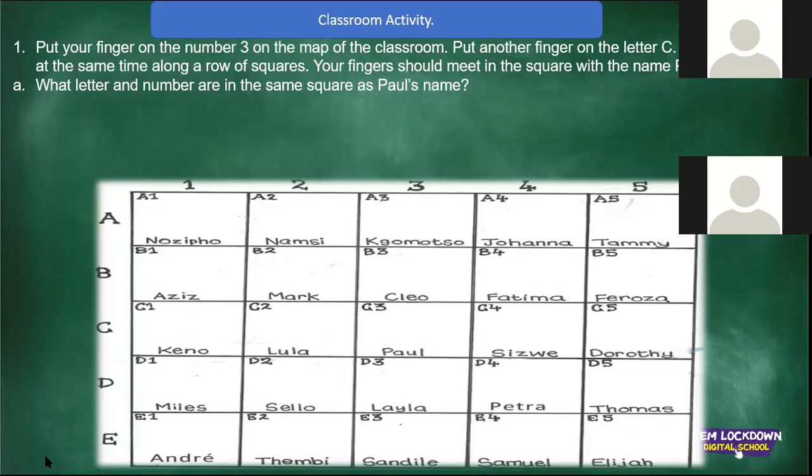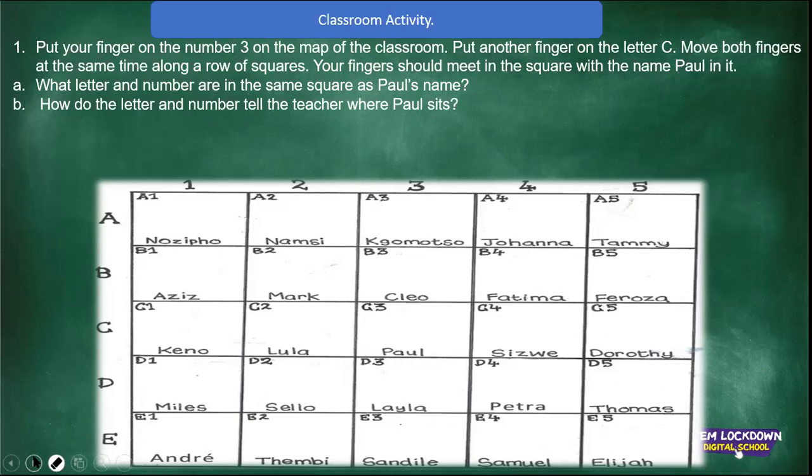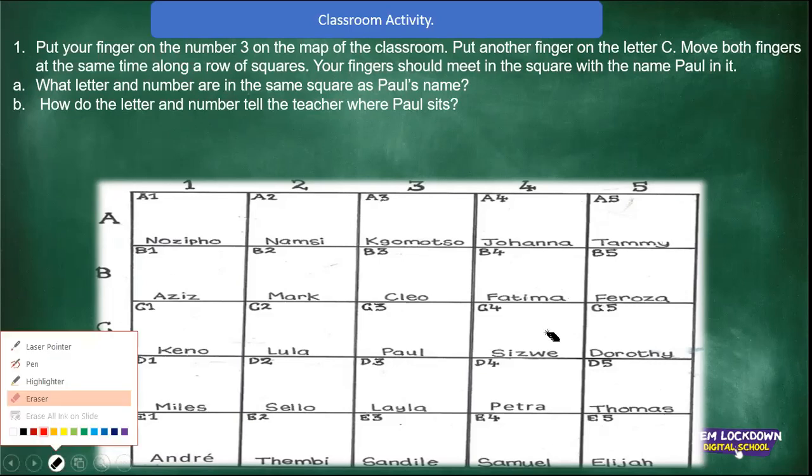Moving forward, you are welcome, Tobile. How do the letter and the number tell the teacher where Paul sits? We are still talking about Paul. How do the number and letter tell the teacher where Paul sits? I think it's by the row.